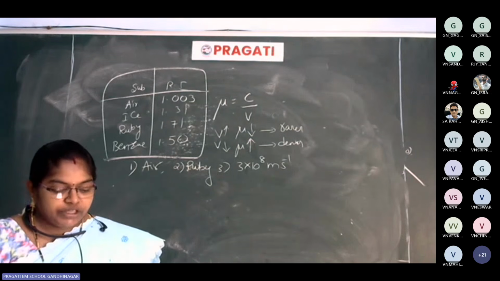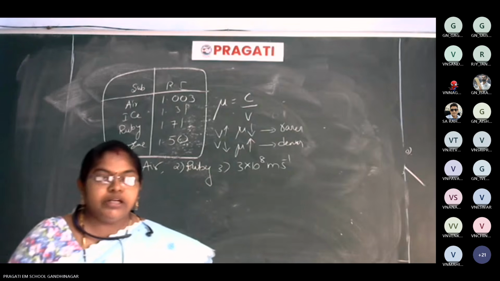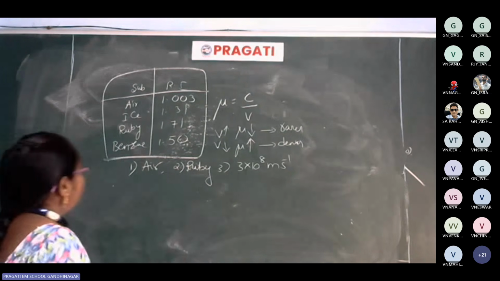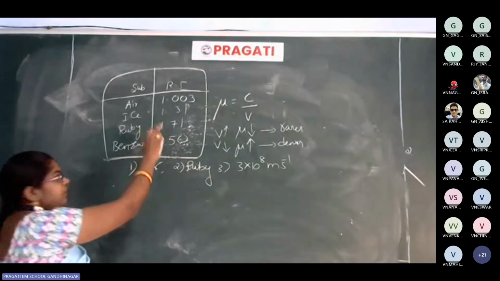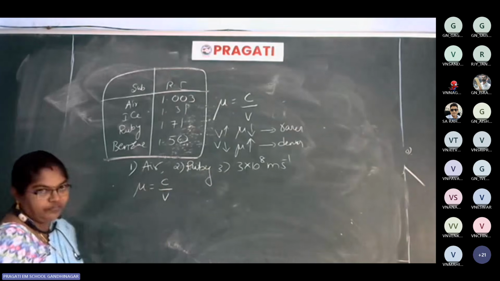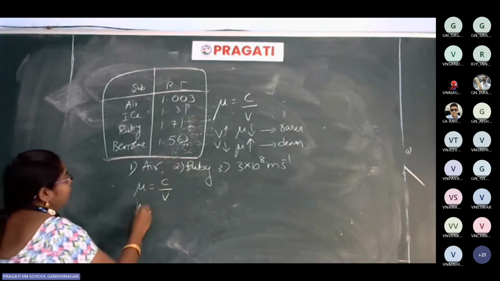Next, determine the speed of light in benzene. So you have to calculate the speed of light in benzene. Mu is equal to C by V. Now, what is the refractive index of benzene? Here, 1.5.